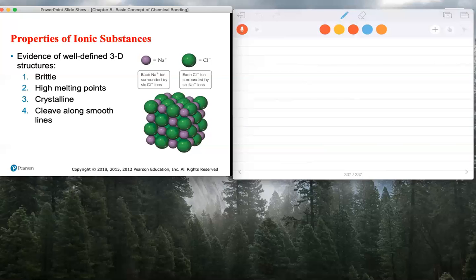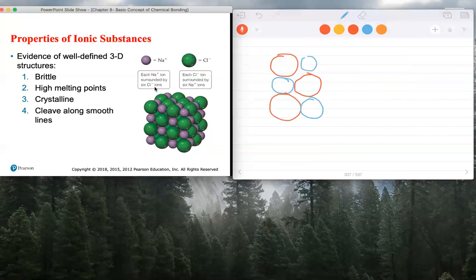The reason behind that is the crystal structure of sodium chloride looks like this, all right, and I do have another one right here, maybe just to give you an idea of what happens when you crush table salt.